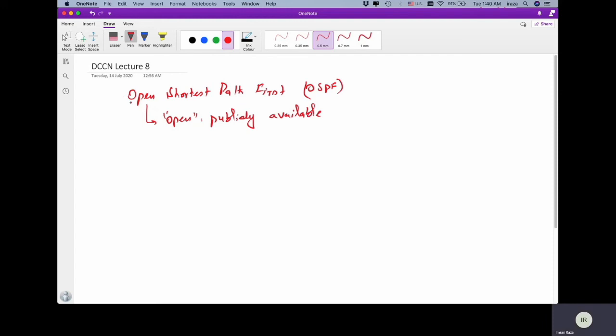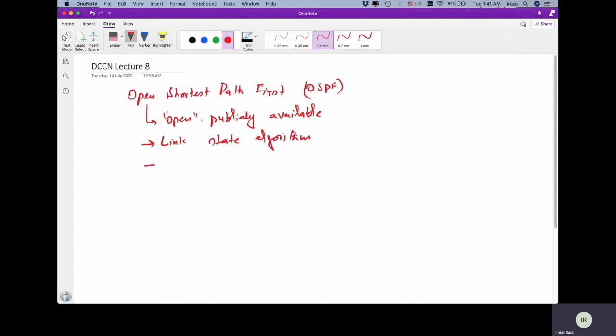Okay, so Open Shortest Path First makes use of the link state algorithm that we have just discussed.